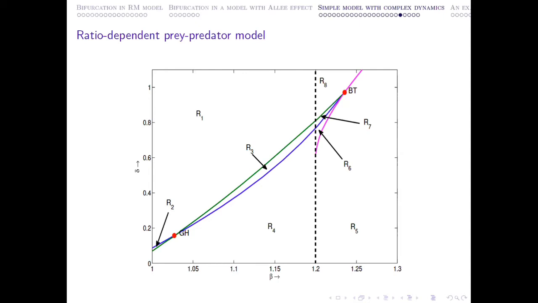Now, from where they are generated or through which they disappear, this is actually a parametric domain in the vicinity of GH point, where you can see two limit cycles. One of them is stable, another one is unstable, and they collide and disappear through the saddle node bifurcation of limit cycle.